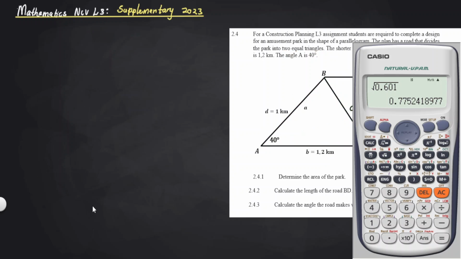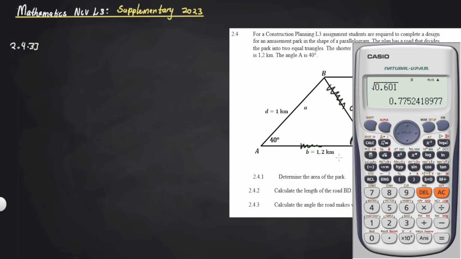Now let's do the last question, 2.4.3. Which angle do we want? This angle: the angle the road makes with side AD. So we want this angle. Let's do that.